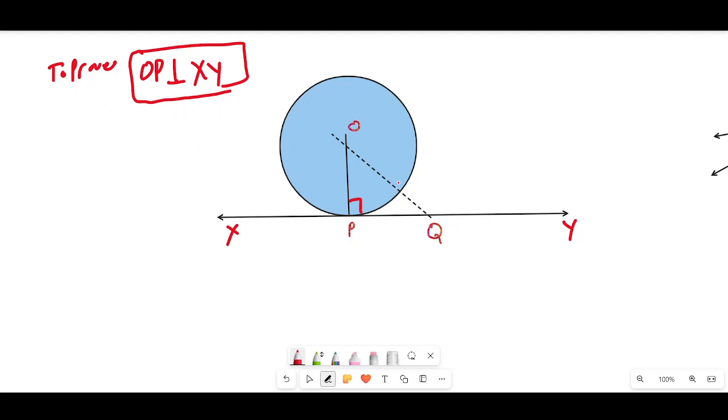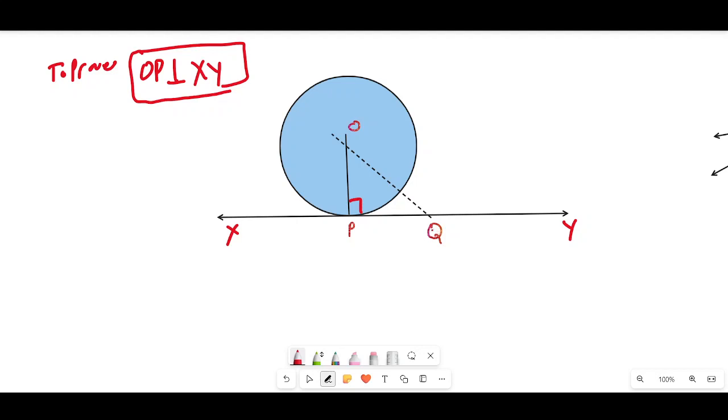Now, take a point Q on XY. What we are speaking, we should write as well. Clear?